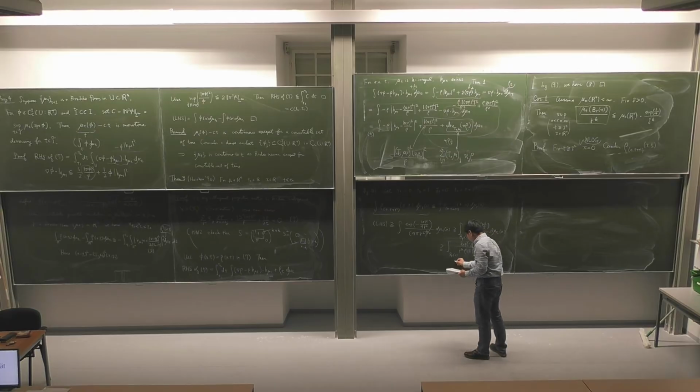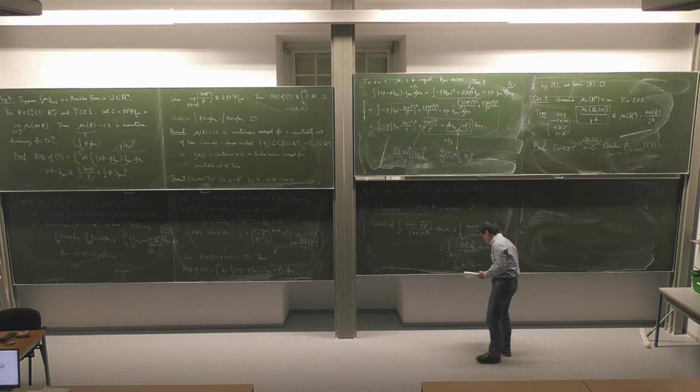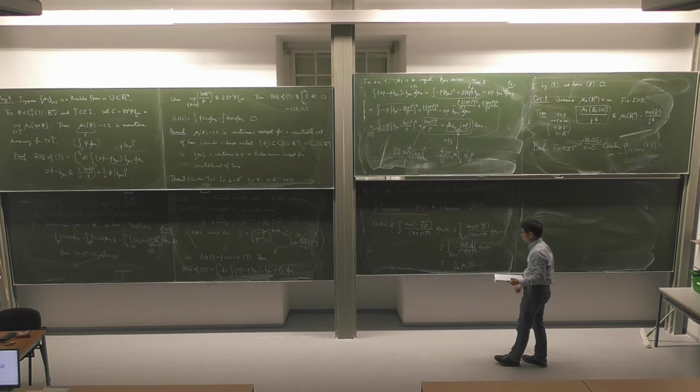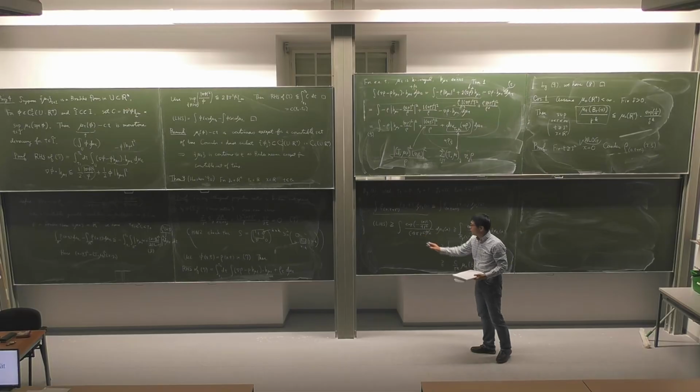That is bounded from below by basically a constant times r to the k, mu t of the ball of radius r. So you can bound the left-hand side from below by this quantity.